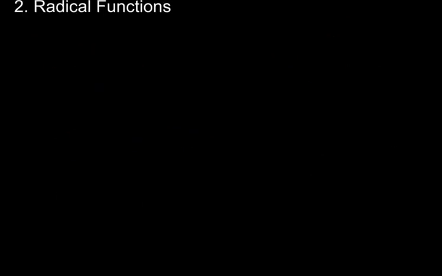The second type of function we're going to look at would be functions with radicals. Now we can have 0 under the radical, because the square root of 0 is just 0, that's fine. But we don't want any negatives. So what we do is we take the expression underneath the radical, and we set it greater than or equal to 0, because we only want positive values or a 0 value.